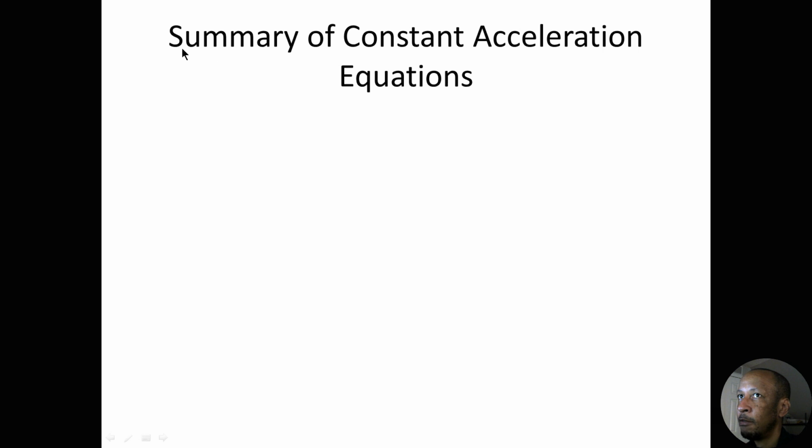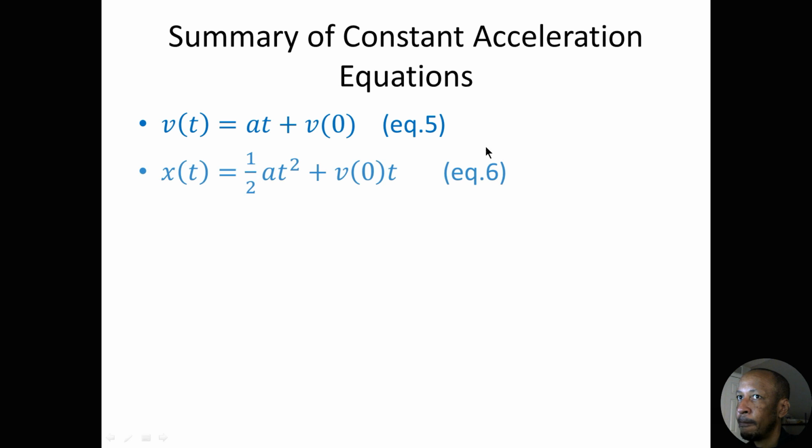So next I have my summary of constant acceleration equations, and I have v of t equals a times t plus v of 0. That's equation 5. Next, for position, I have x of t equals half a times t squared plus v of 0 times t. That's equation 6. Then next, I have v of t squared equals 2a x of t plus v of 0 squared.